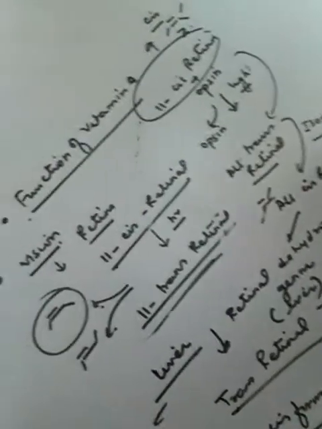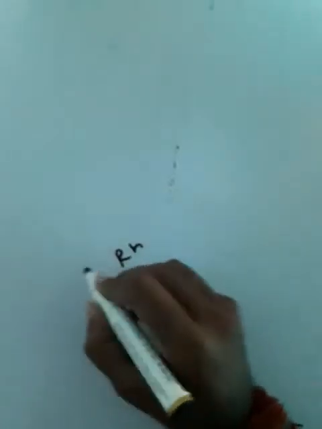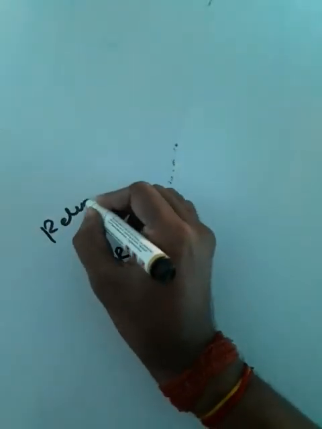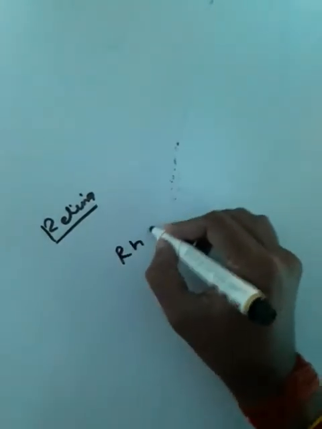Okay, so it is the simple mechanism. So we will erase it. And if you see again, rhodopsin is the protein in the retina. In the retina there will be rhodopsin.